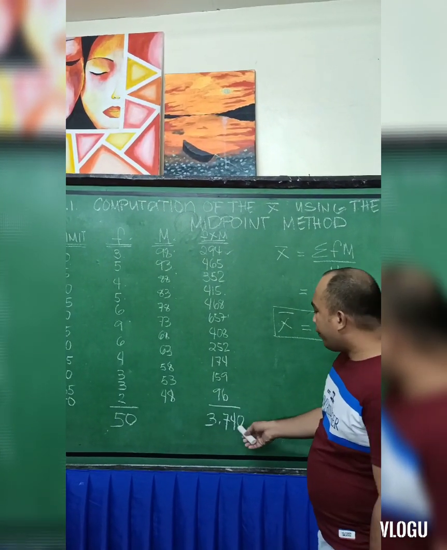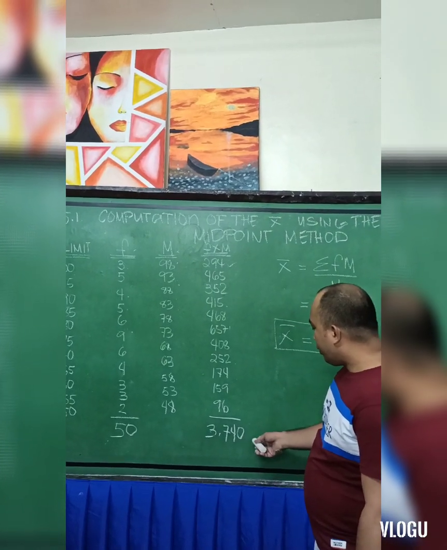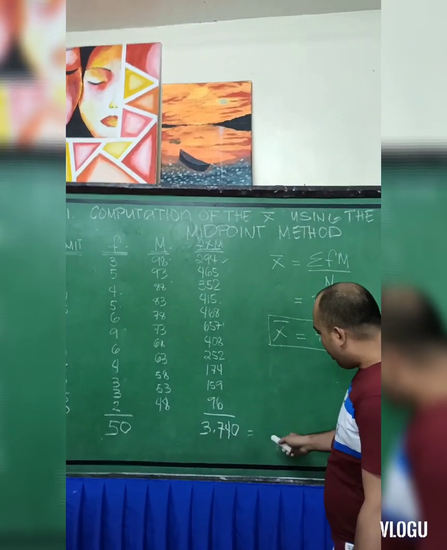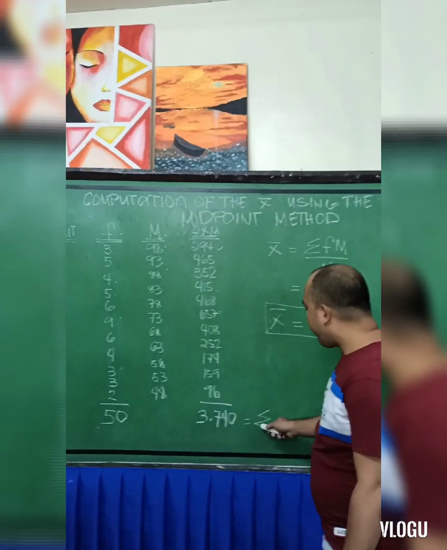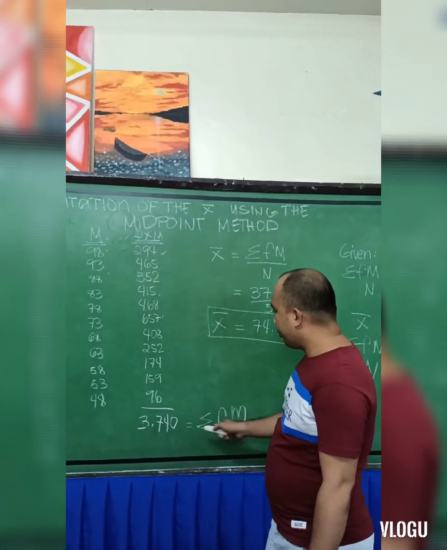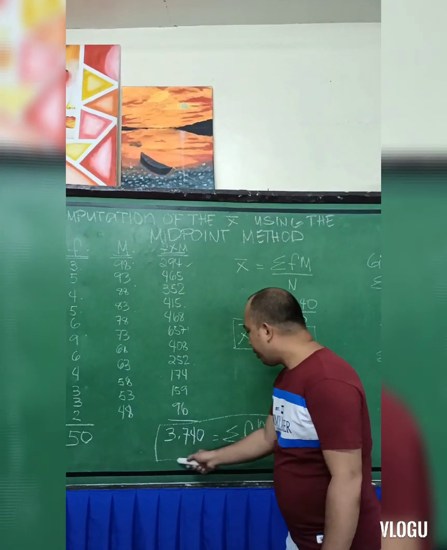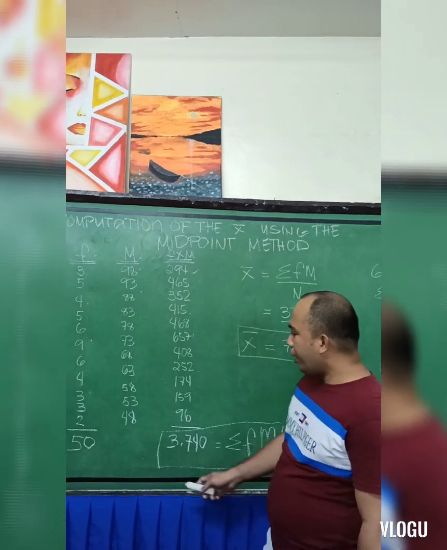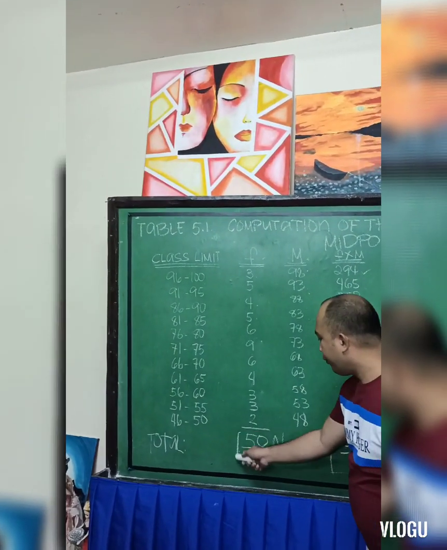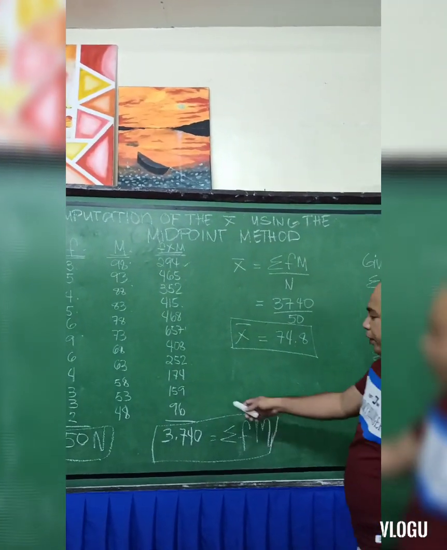So that we have a total of 3,750. So this is the summation of frequency times midpoint. And the number of cases, we have 50. Okay, now we have the given.